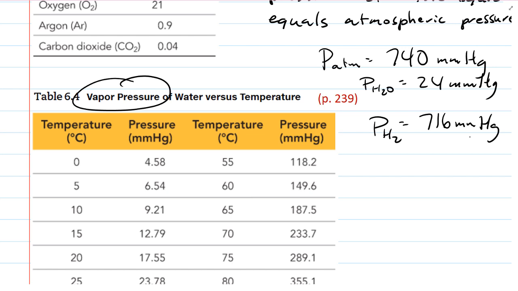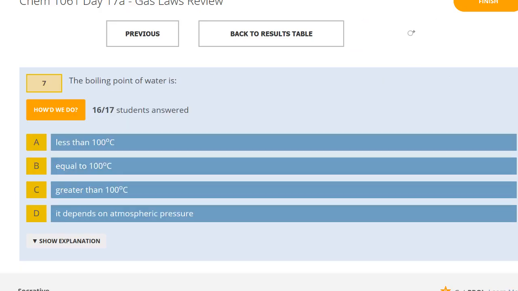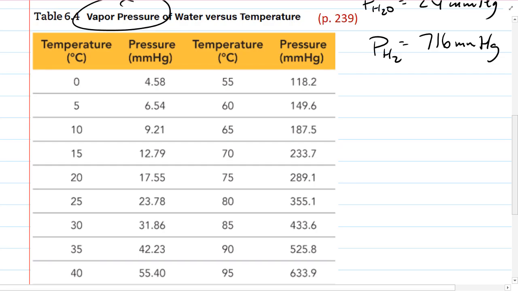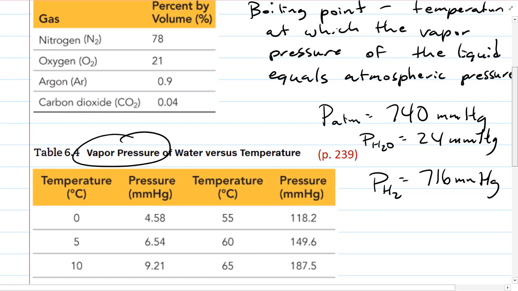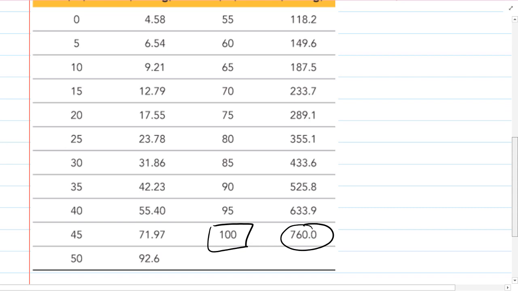Now, this is a table of vapor pressures at various temperatures. We had one more question on here, and in your Socrative app it says the boiling point of water is, and again, as we mentioned, it depends upon what the atmospheric pressure is. So if we come back to this table that we looked at the other day, we define the boiling point as the temperature at which the vapor pressure of the liquid is equal to the atmospheric pressure.